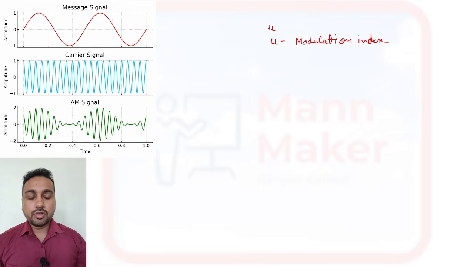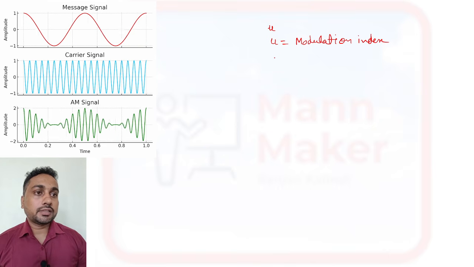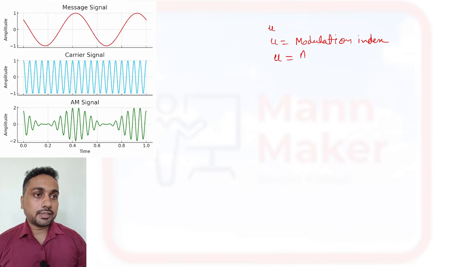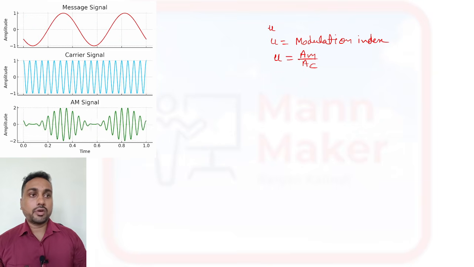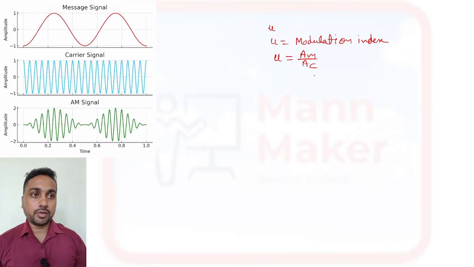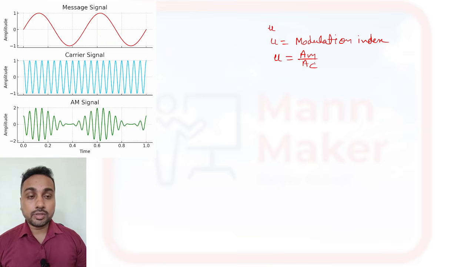The modulation index is Am by Ac, the ratio of the modulated message amplitude to the carrier amplitude.